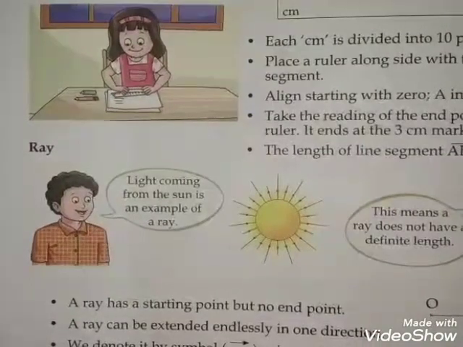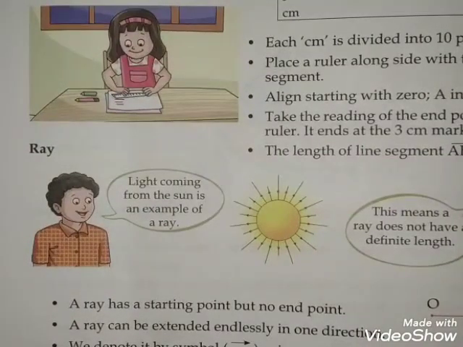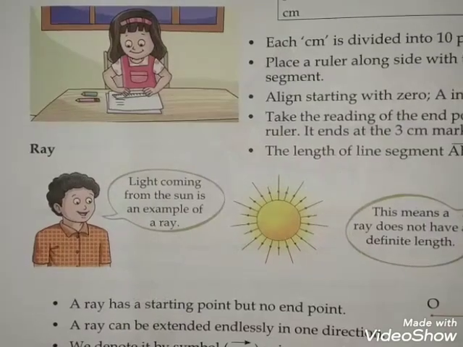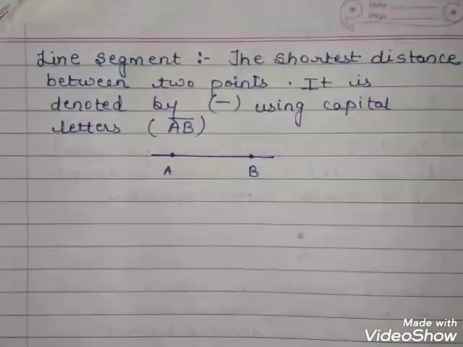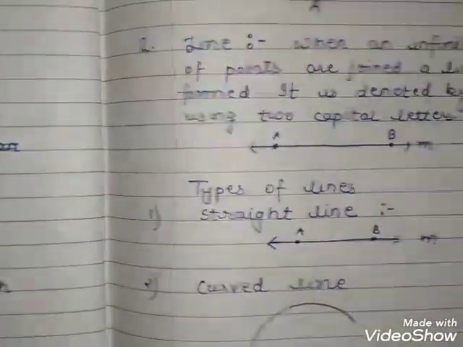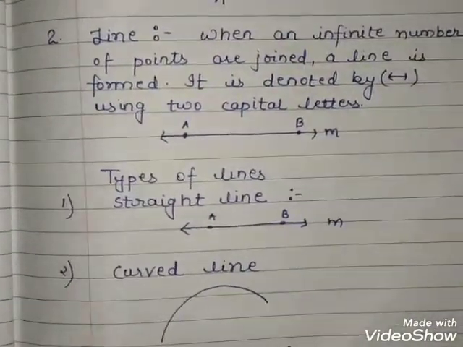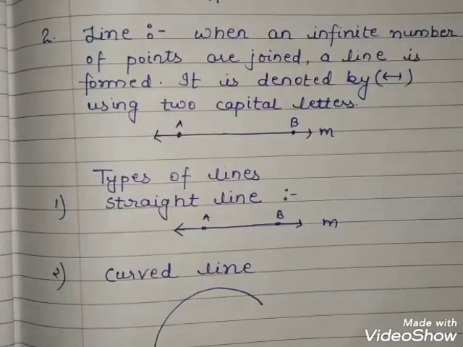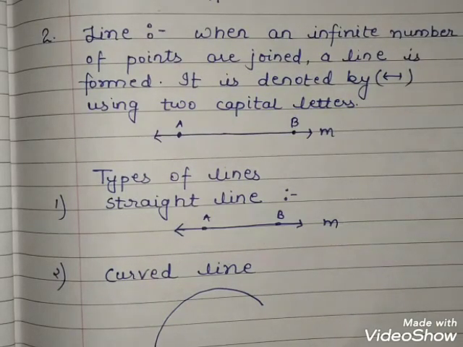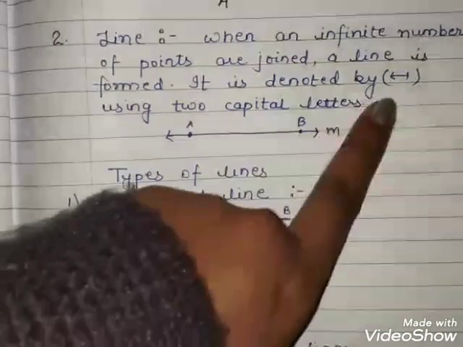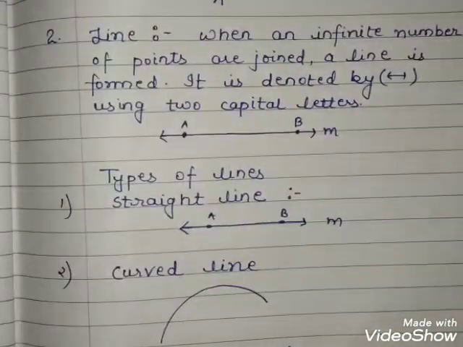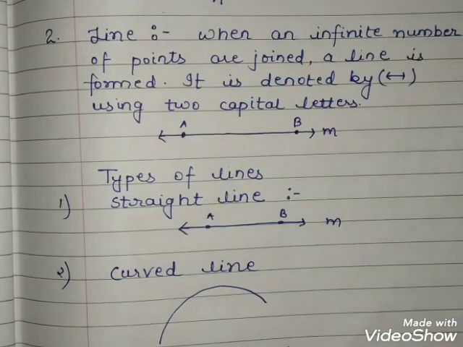So children, in the previous class we have seen a line. What is a line? We have learned that when an infinite number of points are joined, a line is formed, and it is noted by this kind of line or small line, right?